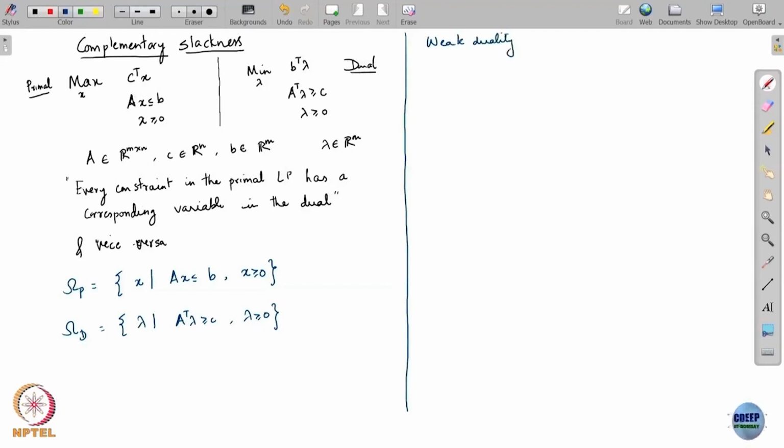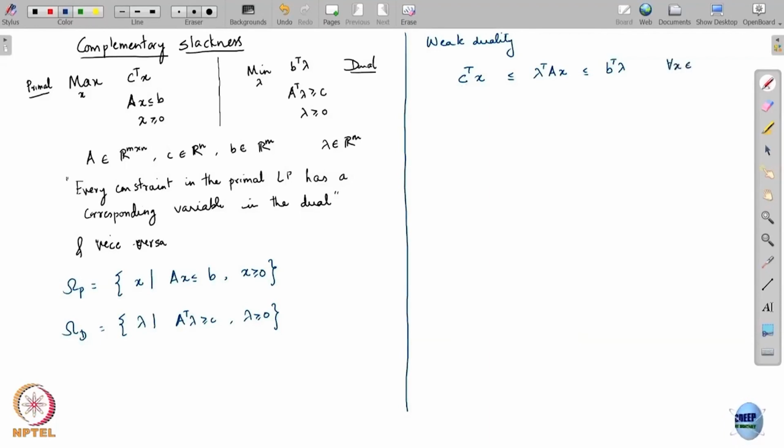Weak duality between them. What does this mean? If I take any x that is feasible for the primal and look at C transpose x, then its value is less than or equal to B transpose lambda.